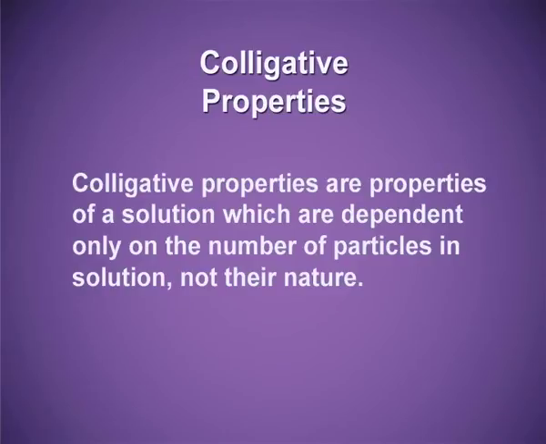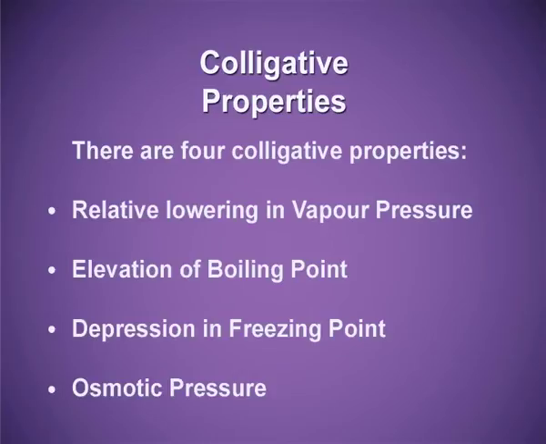Colligative properties of a solution are those which depend only on the number of particles in solution, not on their nature. The four colligative properties are the relative lowering in vapor pressure, elevation of boiling point, depression in freezing point, and osmotic pressure. We will discuss them one by one.